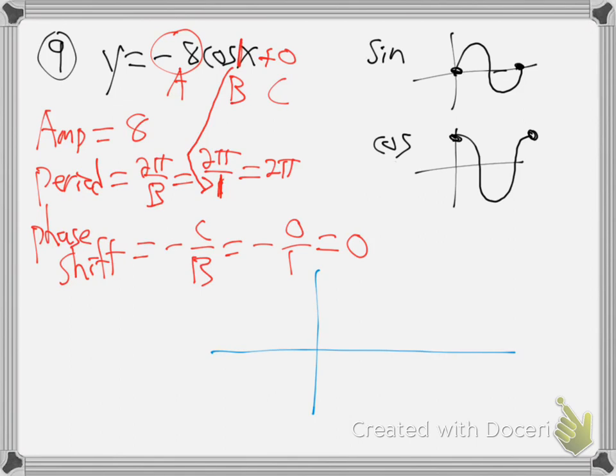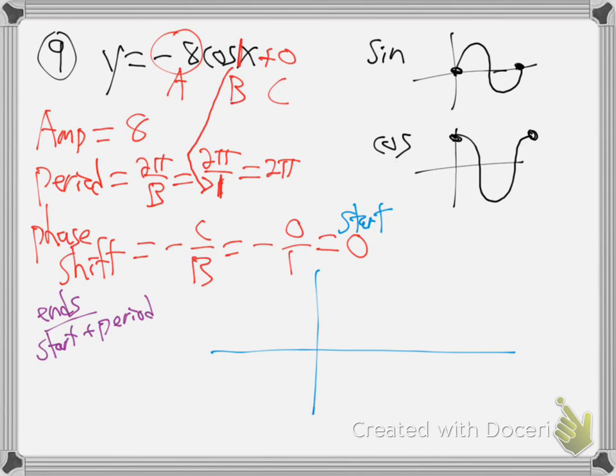And where do we start? Always at the phase shift, 0. You always start at the phase shift. And where do we end? How do we find our ending place? It ends at the start plus the period.